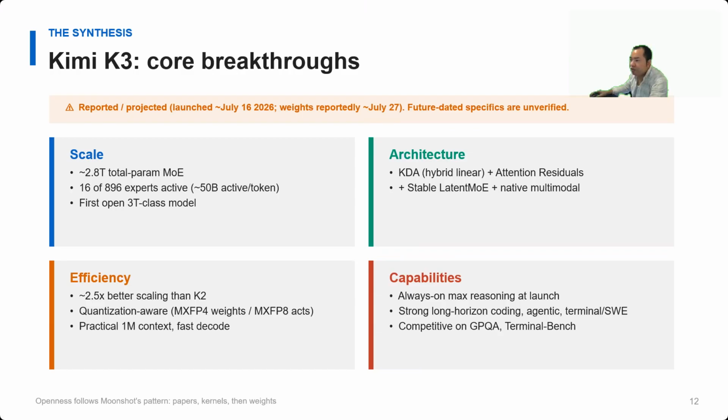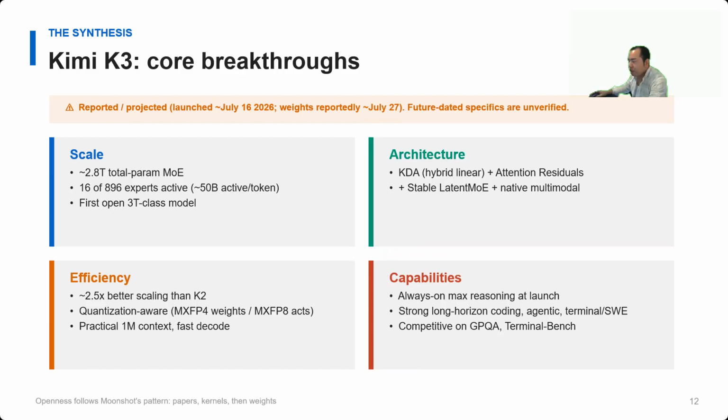And finally, the fourth point is regarding the capabilities. At launch last week, it runs with always-on maximum reasoning and targets long-horizon coding, agentic tasks, and terminal or software engineering benchmarks, competitive with top closed models on things like GPQA and Terminal Bench.